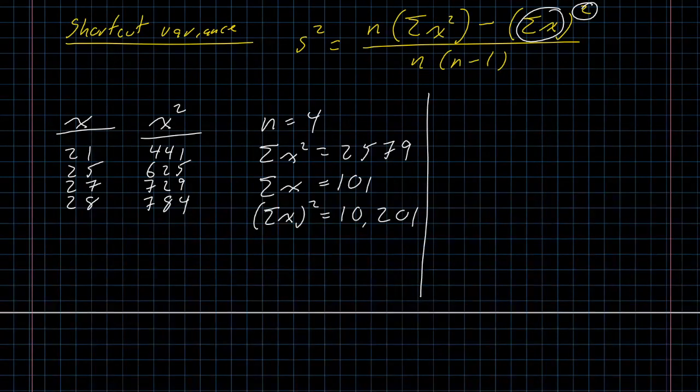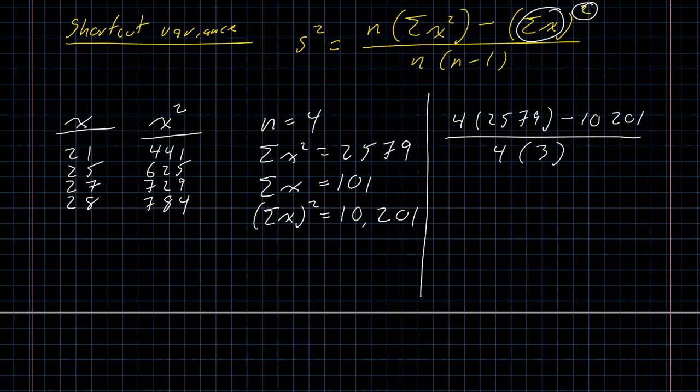All right, so let's see. We've got n, which is 4, times sigma x squared, which is 2,579, minus sigma x, the whole thing squared, which was 10,201, divided by n, which is 4, times n minus 1, which is 3.